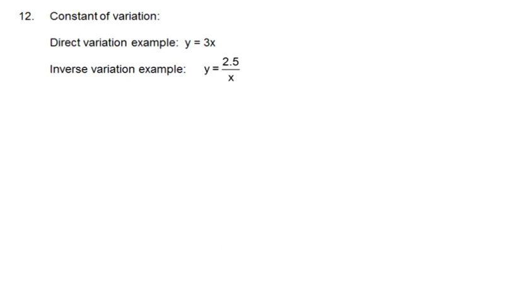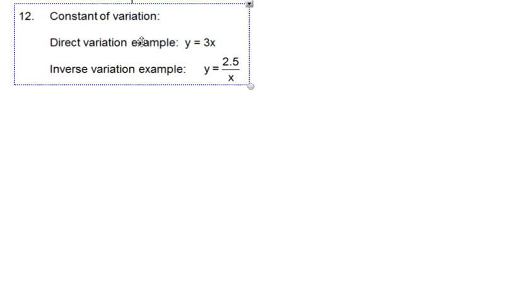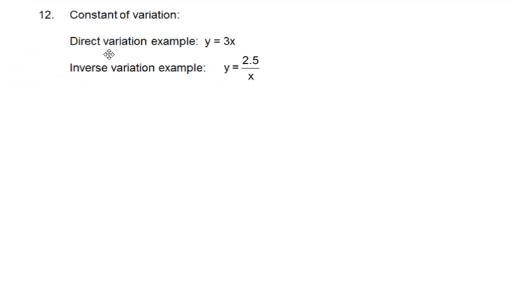Okay, 12, constant of variation. Here we're getting into another section of the test, had to do with inverse functions. Chapter 9, constant of variation. Here's a direct variation example, y equals 3x. An inverse variation example, y equals 2.5 over x.